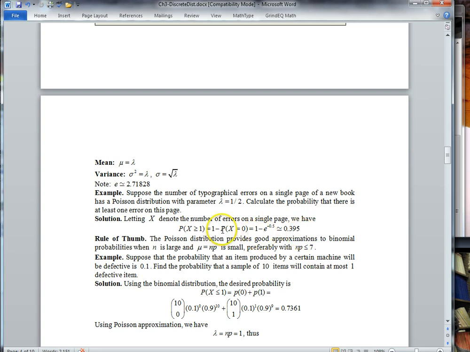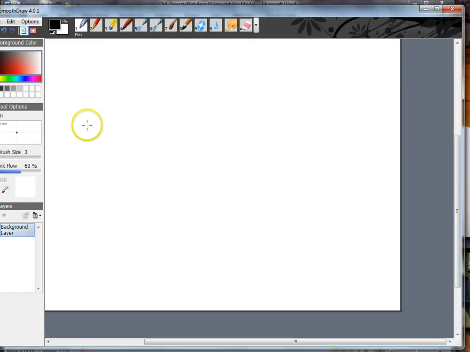So let me show you where we get P of X equals 0 here. We go to the tablet. So I want the probability of X. Let's remember this is equal to e to the minus lambda, lambda to the x, over x factorial.